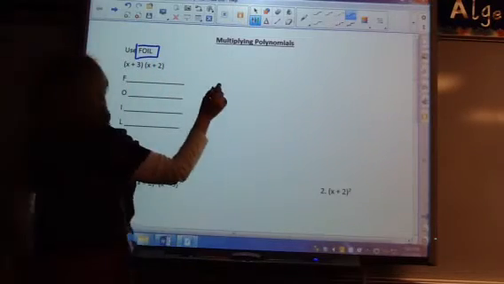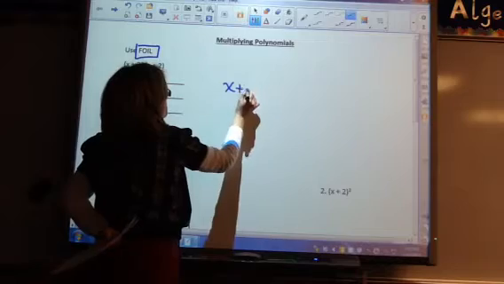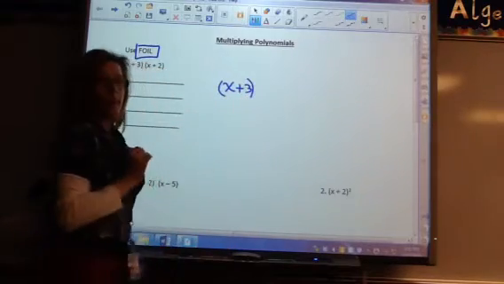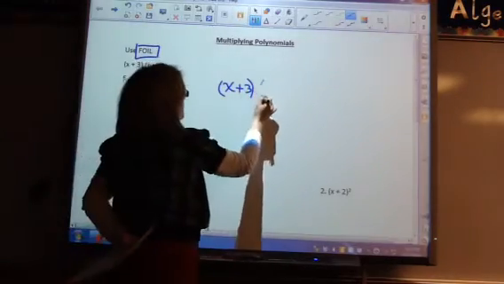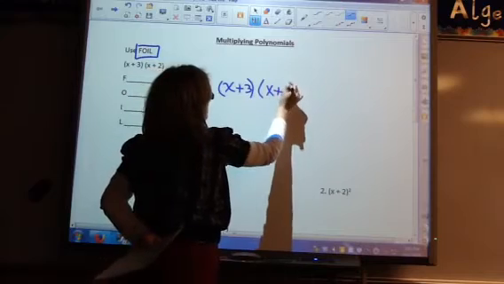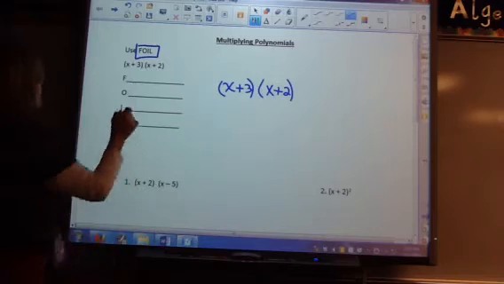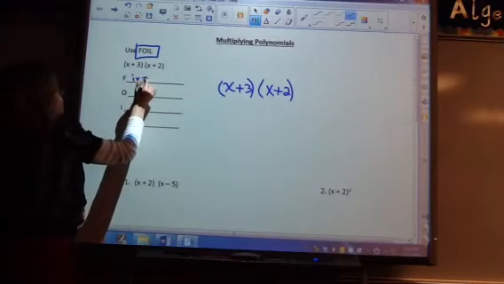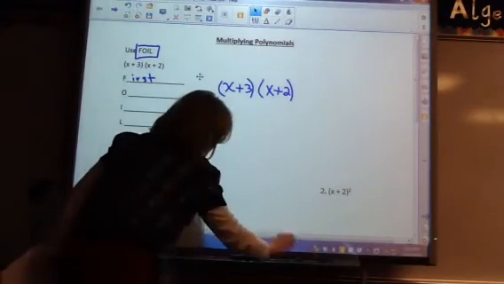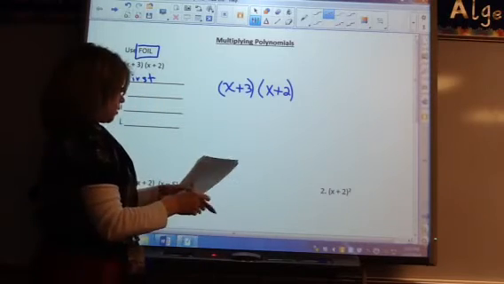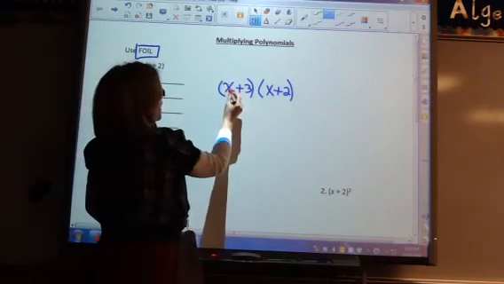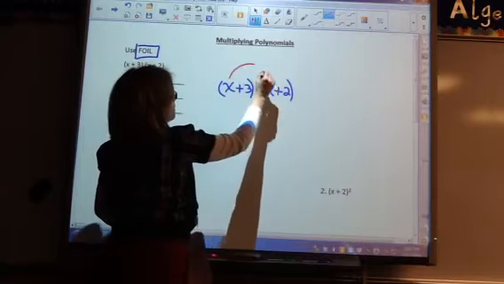Okay? So, if we have this binomial, and we're going to multiply it by a second binomial, this is what FOIL means. The F stands for first, and I'm going to do it in red. So what we do is we take the first term, x, and multiply it by this term.